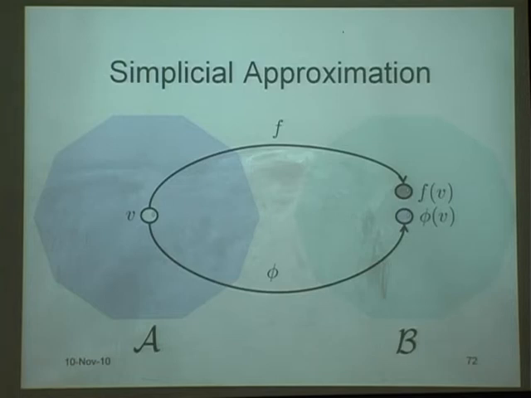The simplicial map does, but the continuous map doesn't. The continuous map just maps points to points. And so what I want to do is construct a simplicial map that is arbitrarily close to the continuous map. And the next question is, what does it mean to talk about arbitrarily close?